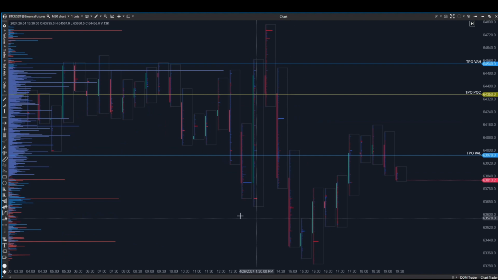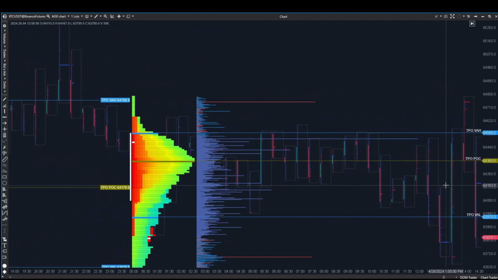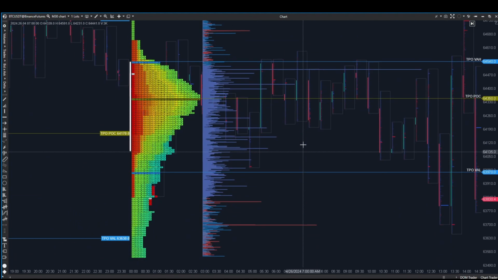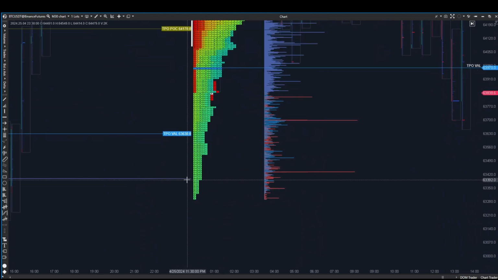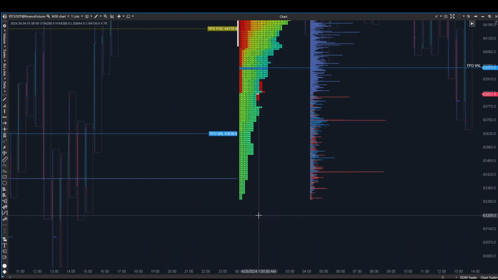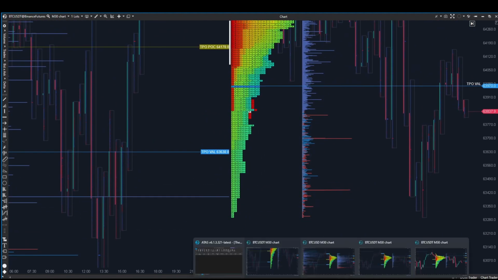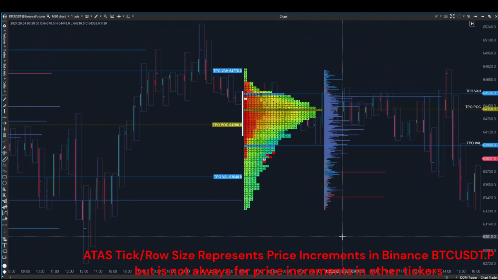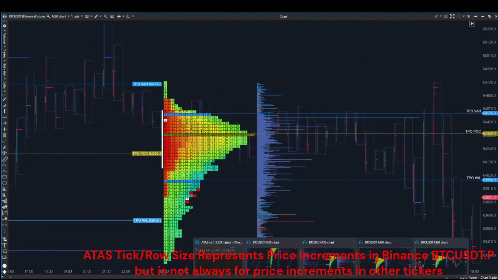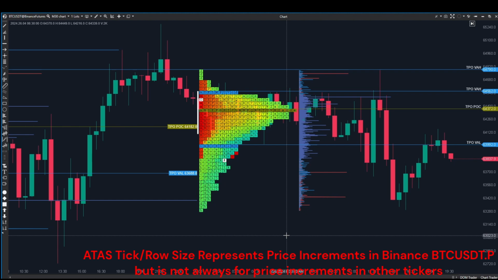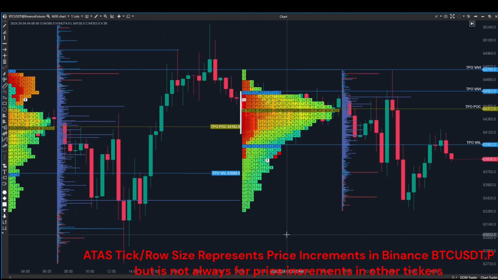So this profile we're looking at has a different number of ticks than this one and this one. Now it really depends on what you're trying to do.